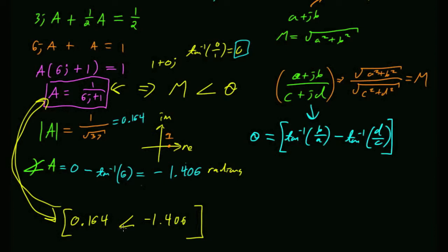Okay. Shall we finish? So, when we started this problem, I asserted that your input signal was 1 e to the j3t.